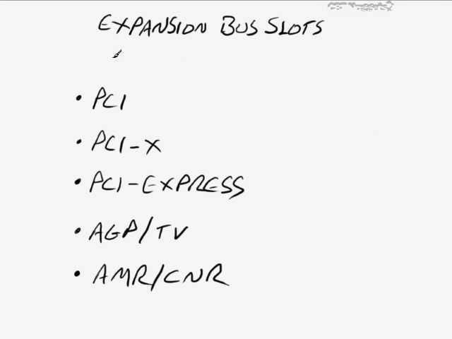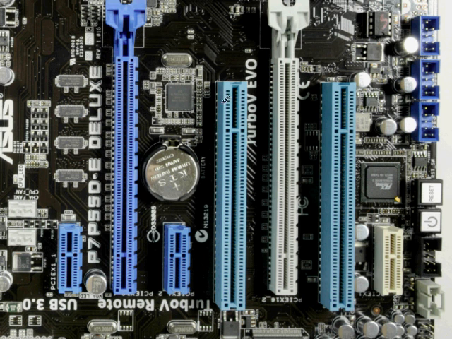Now, of course, I've been discussing the various bandwidth and some of the technical details about these expansion bus slots, but here I want to identify some of the specifics. Even though we've seen these in photographs in the past, now we're going to look at some of the details about each type of slot, such as the PCI Express slot, which we see right here. These light blue colored ones are on the motherboard that I'm recording with right now, and we can see some distinctives about these, especially when you compare them to the other slots.